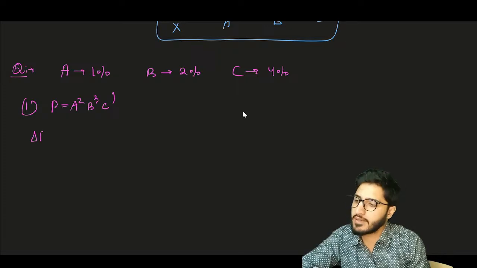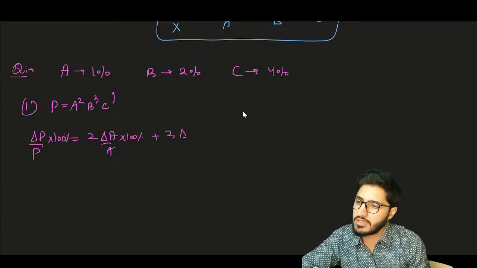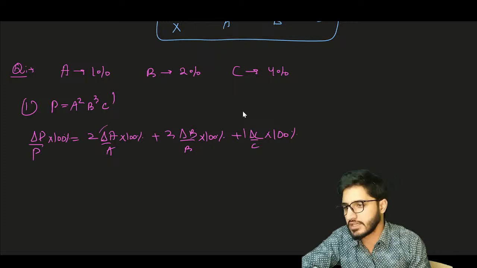So I can write delta P by P into 100 equals 2 delta A by A into 100 plus 3 delta B by B into 100 plus 1 delta C by C into 100. These things are given to us.